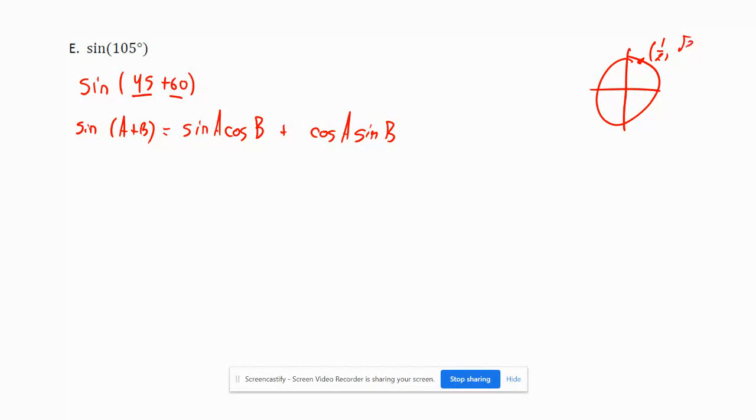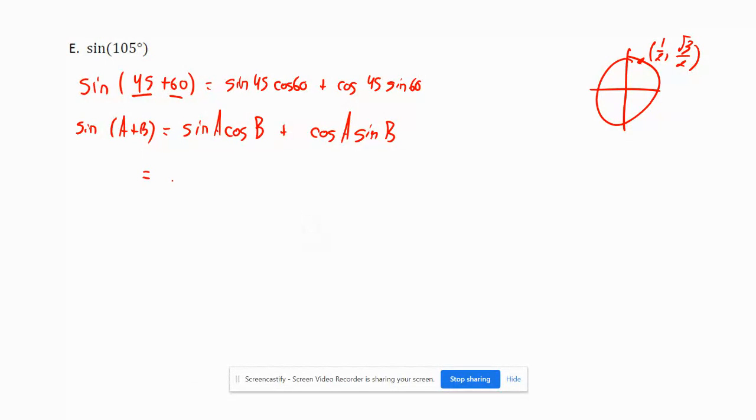We're going to see almost the exact same numbers in different spots. So this is equal to sine 45 cos 60 plus cos 45 sine 60.